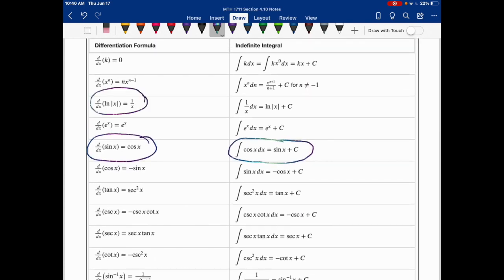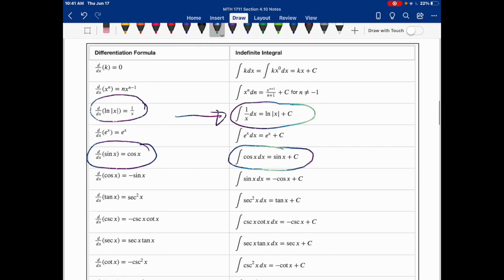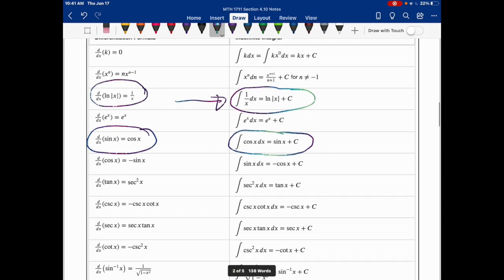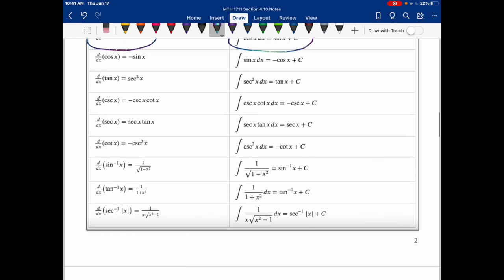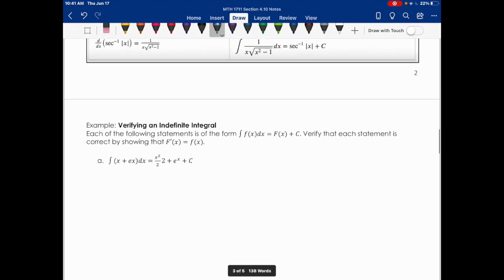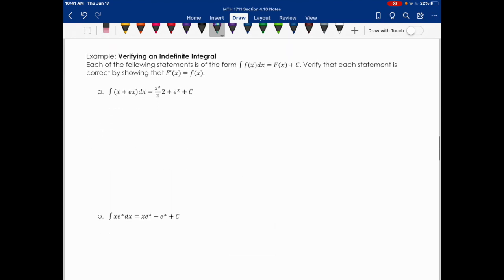So here are some of those examples. Here's one that we just did in an example. When I take the derivative of the natural log, I get 1 over x. So when I take the antiderivative and I integrate 1 over x, I get the natural log of x plus some constant. So this will give you a chart that you can compare the differentiation formulas with the integration formulas. And this is all in your reference sheet as well.